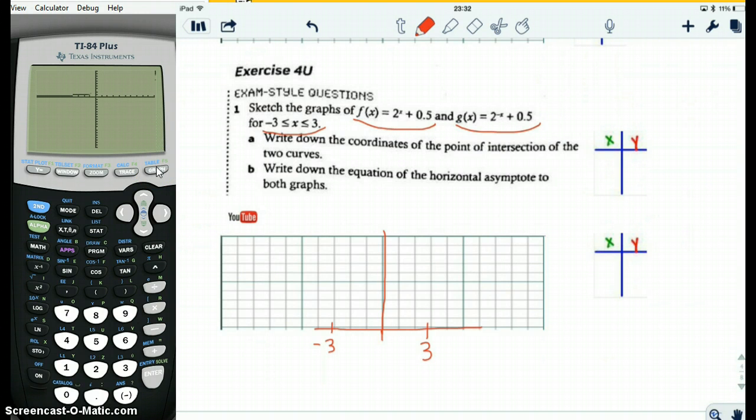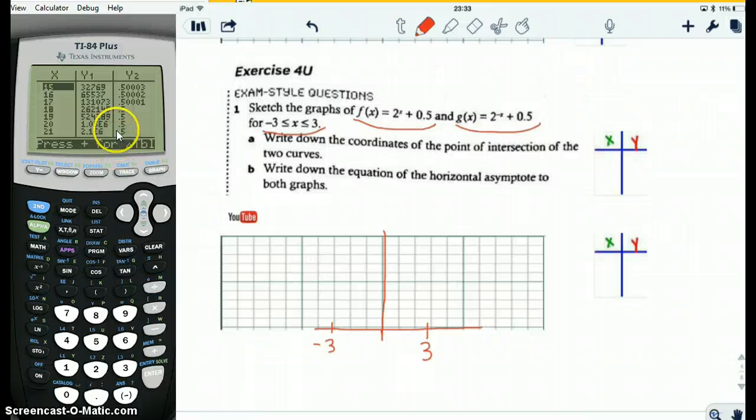So now I should see that they're kind of like mirror images of each other. Okay. So now you can see that they kind of intersect in the middle. Now to see exactly where they intersect, you could use second calc and intersect, but probably an easier way is just to look at the table.